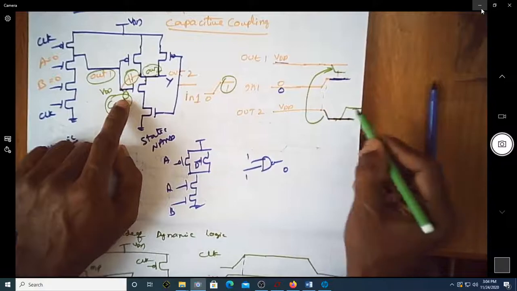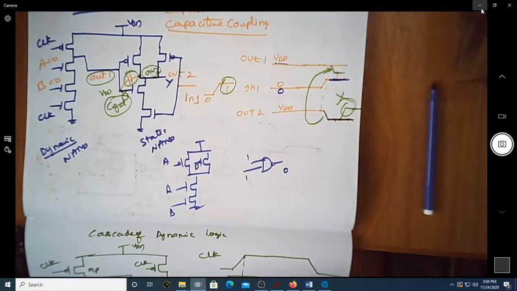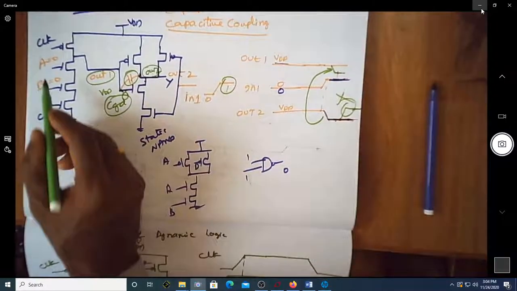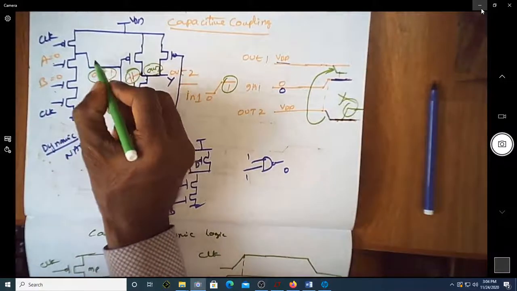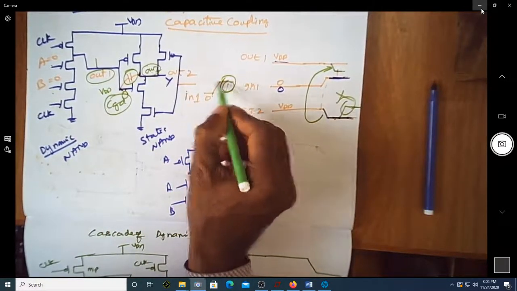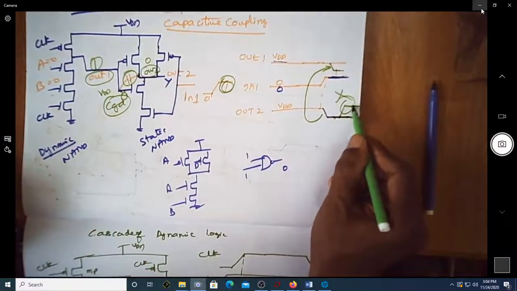This is not an expected value. The expected value was logic 0 here, because with 1 and 1 the output should become 0. But if you can see here, the output is going high.